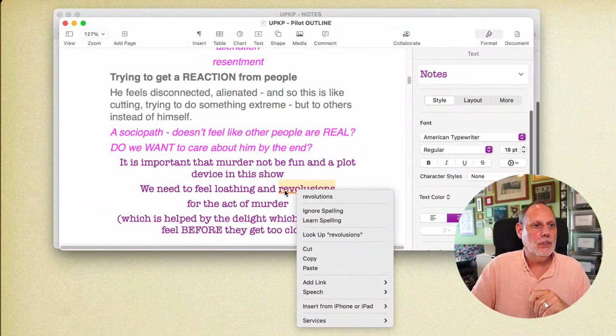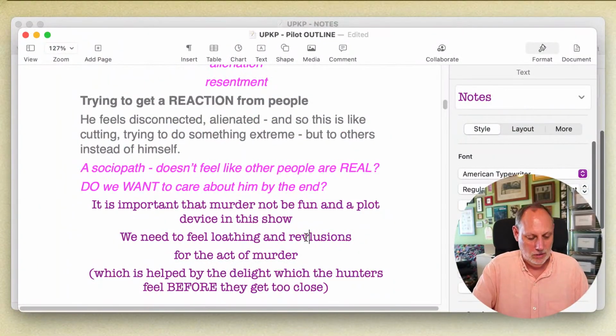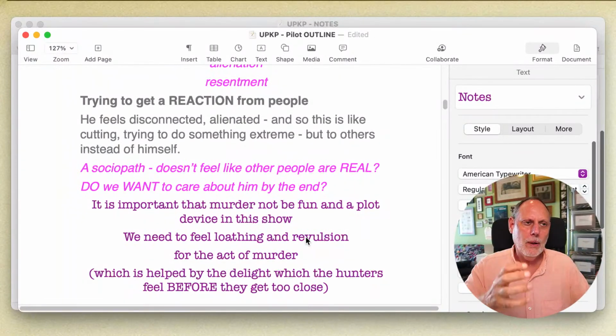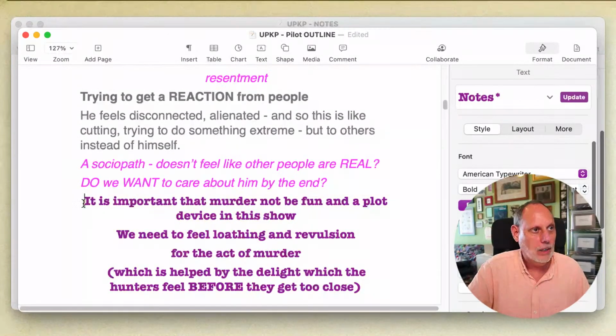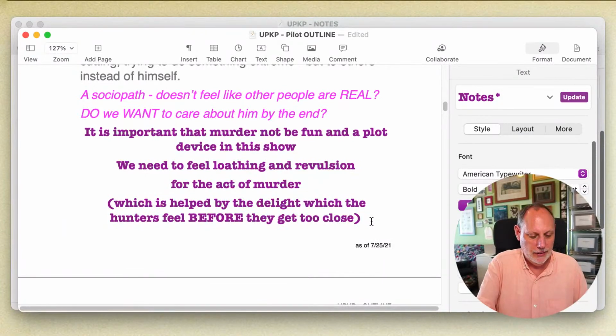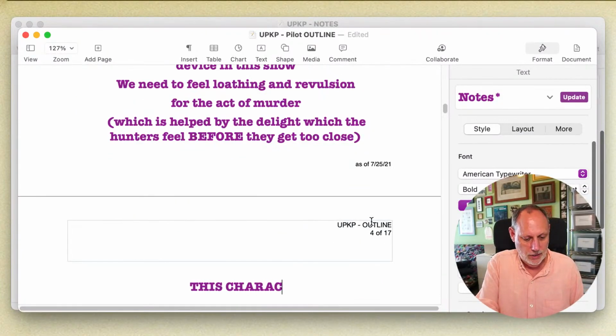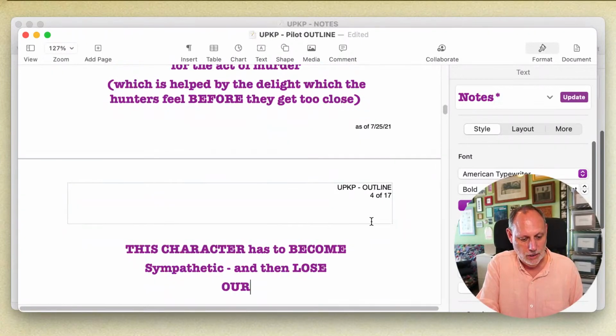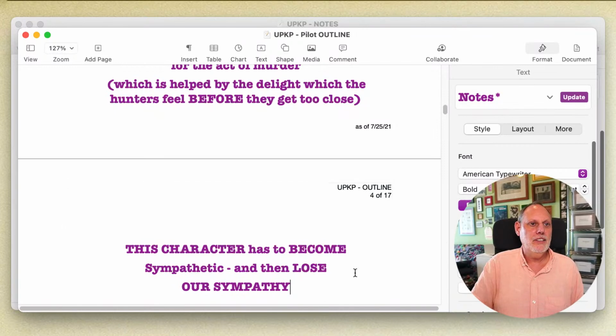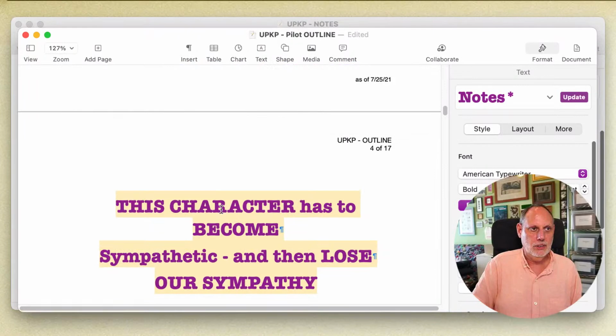That's spelled wrong. Okay. What I'm trying to say here is, which means this character has to become sympathetic and then lose our sympathy. This is really, really important. I'm going to make it bigger.